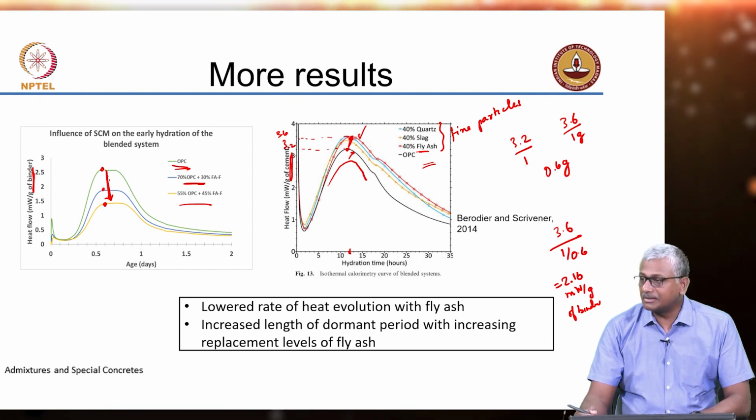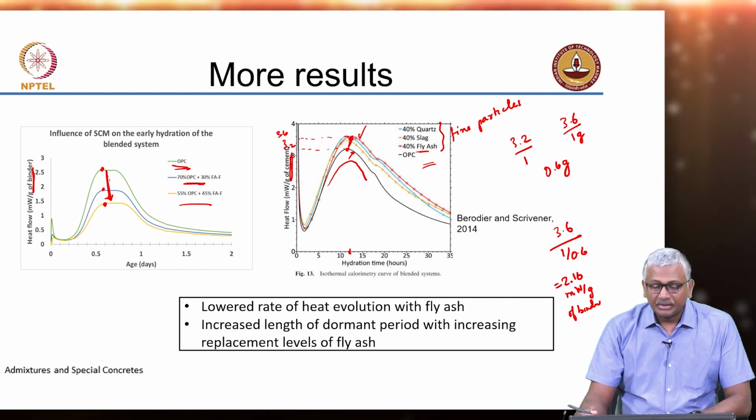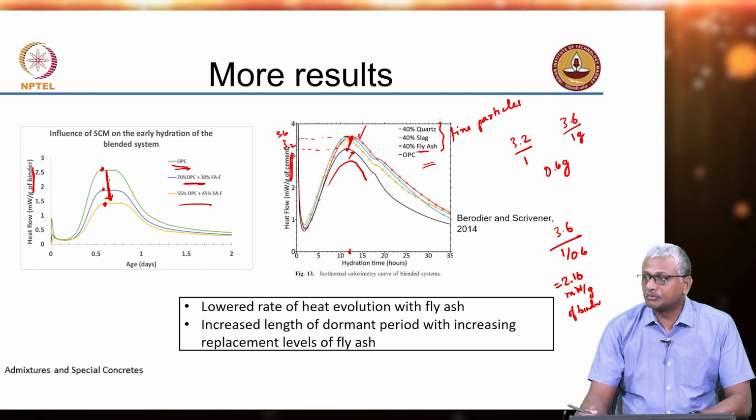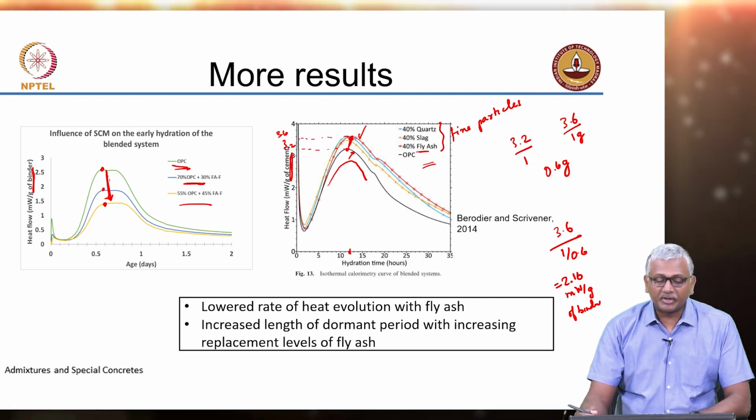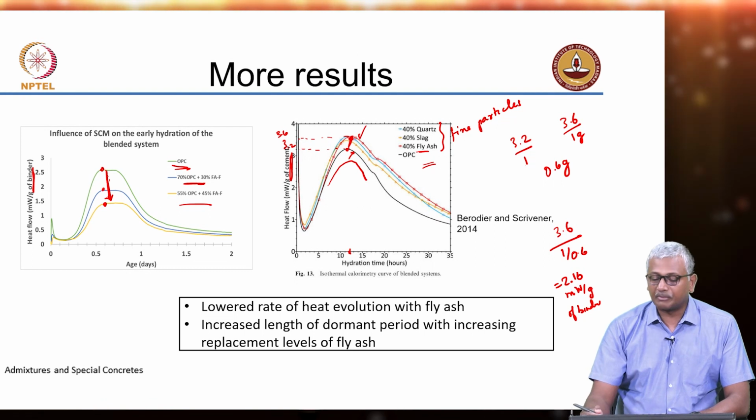So, the peak heat rate is much higher even with your mixes with 40% replacement of OPC with fly ash, quartz and slag, and that is because it is presented in terms of milliwatts per gram of cement.